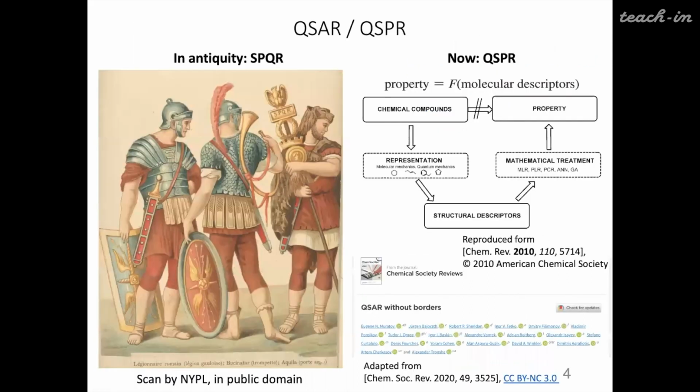So what is QSAR? QSAR and QSPR are abbreviations of quantitative structure activity relationships or quantitative structure property relationships.